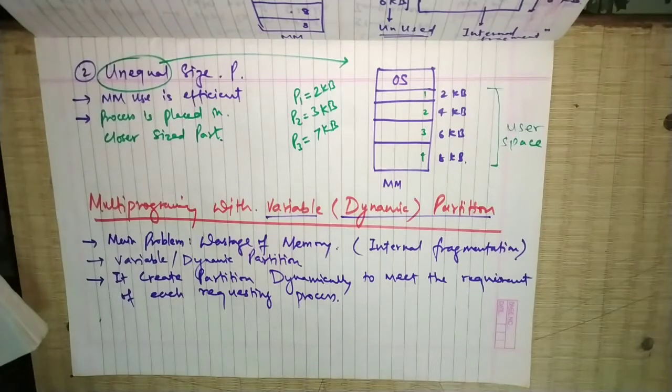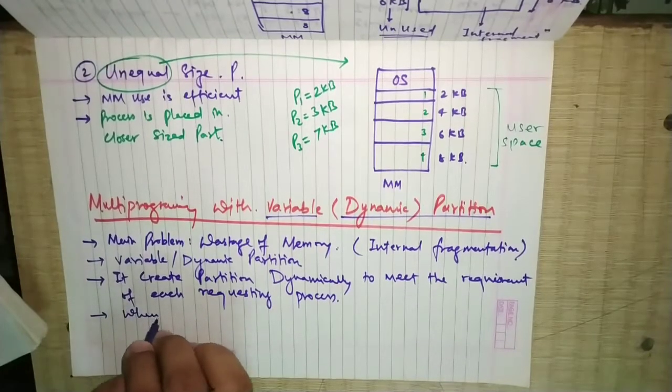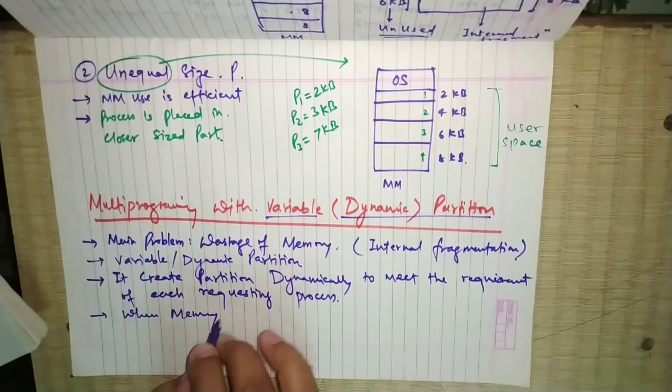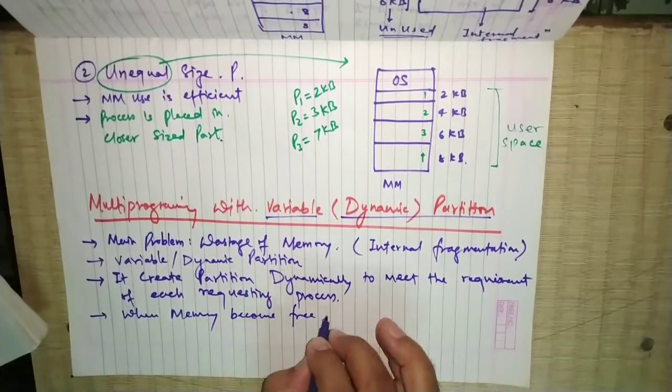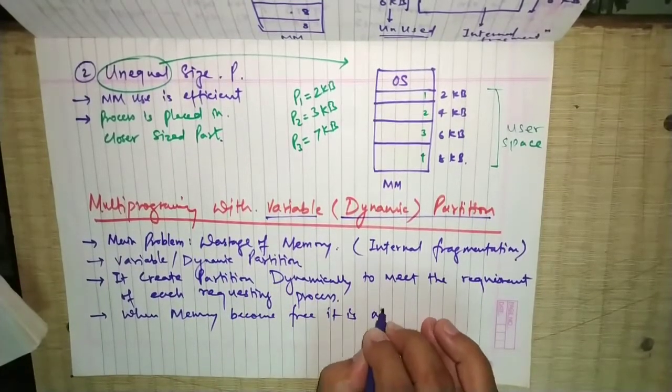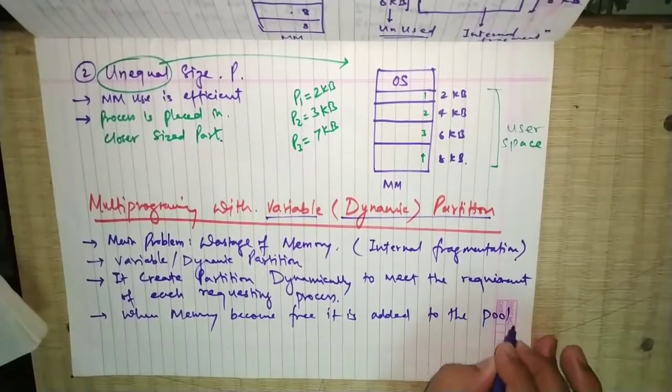When a process terminates or becomes swapped out, the memory manager can return the vacated space to the pool of free memory. When memory becomes free, it is added to the pool of memory.